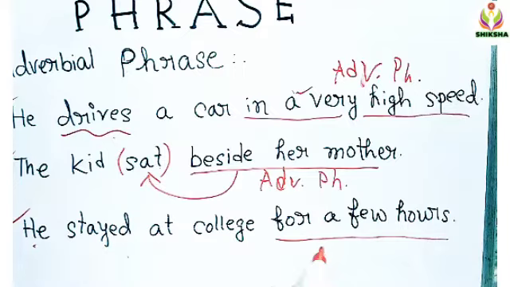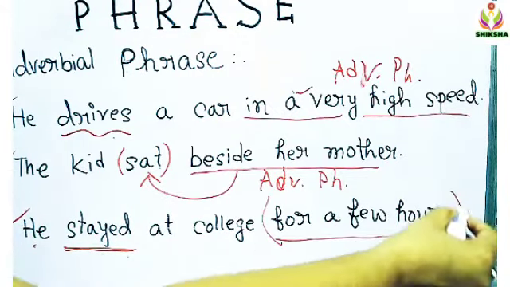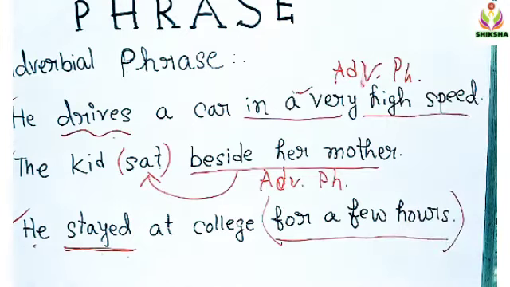Here the underlined part is describing the time period that he stayed at the college. For how long did he stay at the college? For a few hours. So it is working as an adverb of time. That's why it is an example of adverbial phrase.